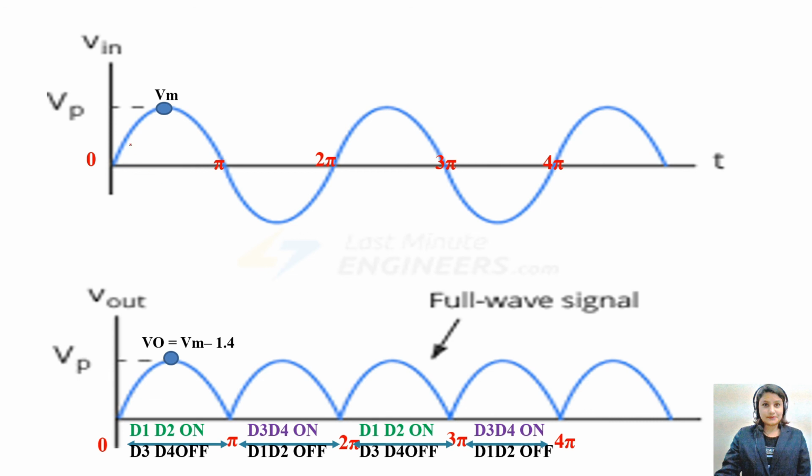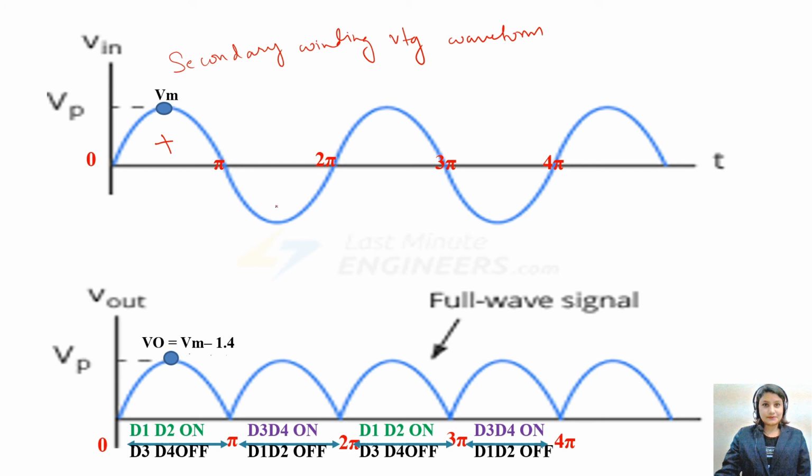So see, this is the input voltage. This is the secondary winding, and this is the secondary winding voltage waveform. Between the secondary windings, points A and B, first we will get a positive cycle. For this positive cycle, your D1 and D2 are on, and you are getting an output equal to Vm minus 1.4.